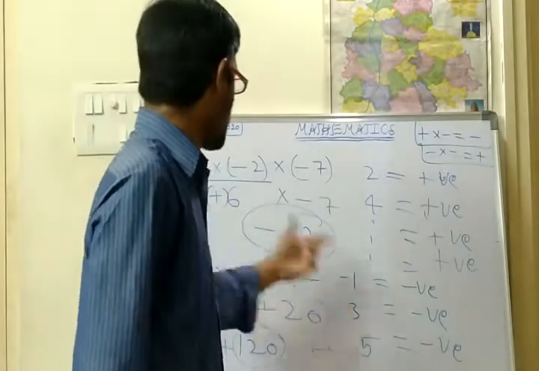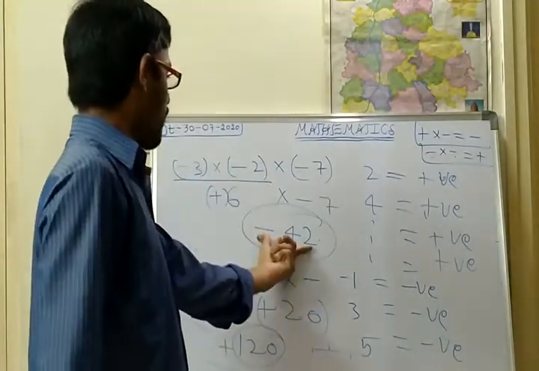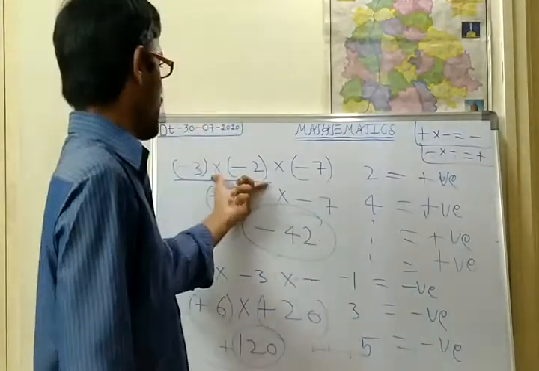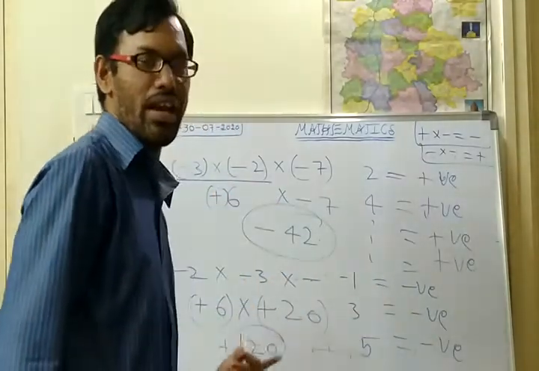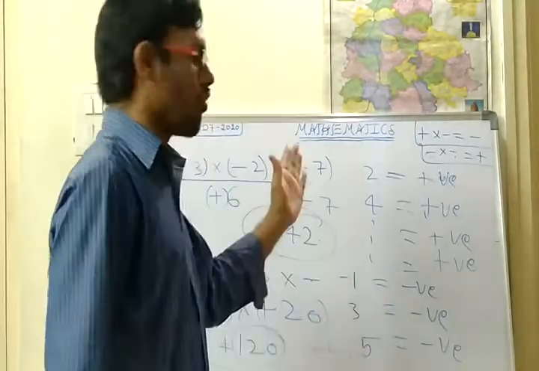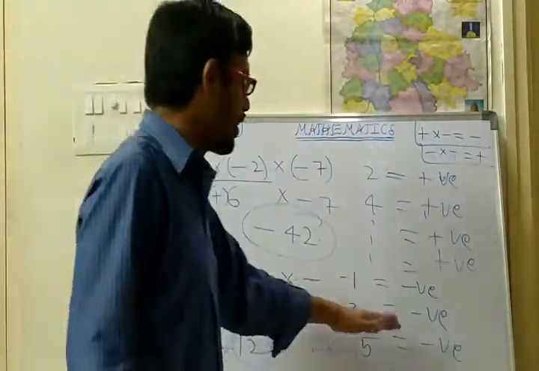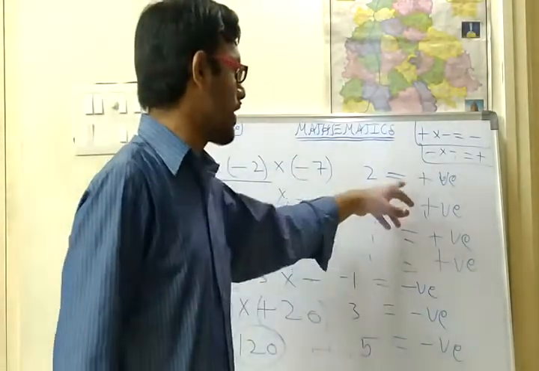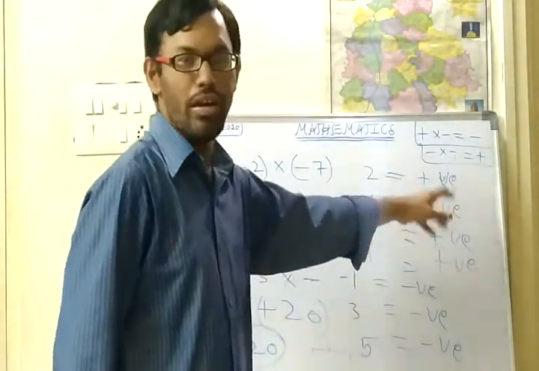If 3 integers are there, we have seen here, what is the final result? Negative. Minus 42 is negative. So for 3, 5, 7, 9, 11, if there are odd numbers of integers, the result will be negative. If there is an even number of integers, the result will be positive.